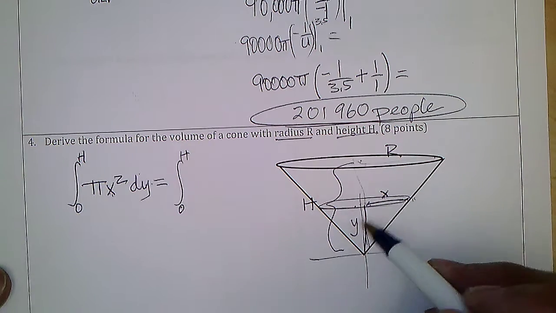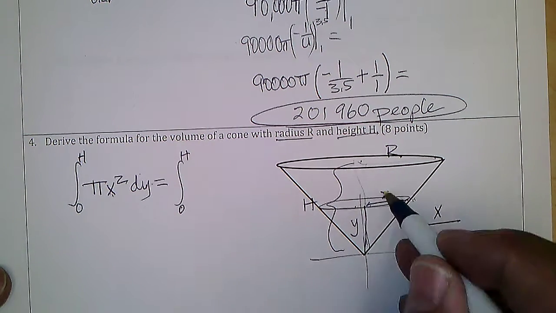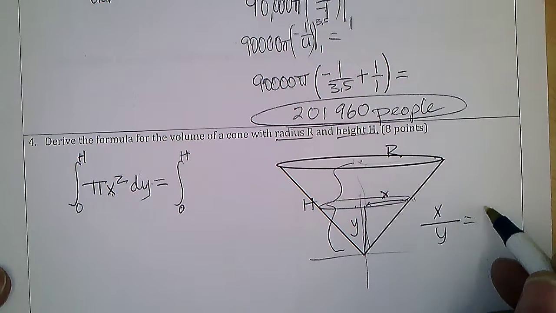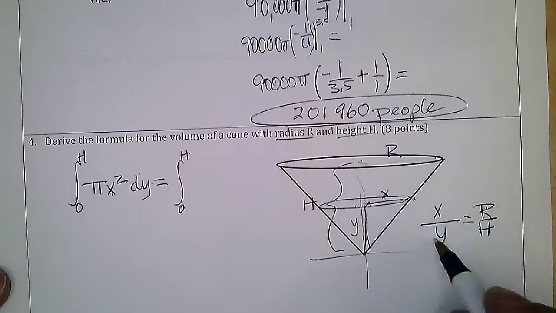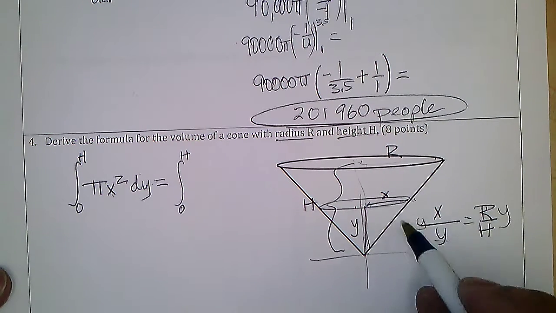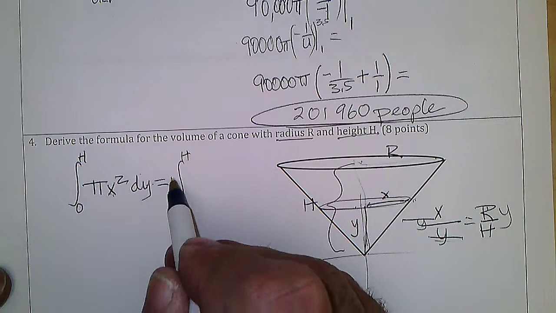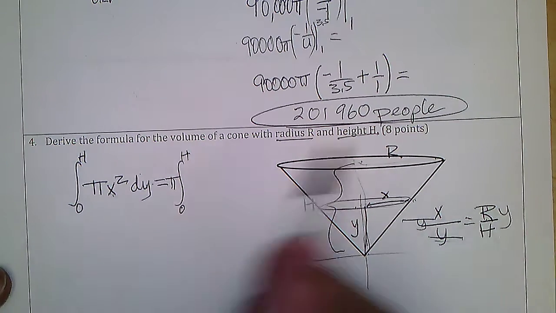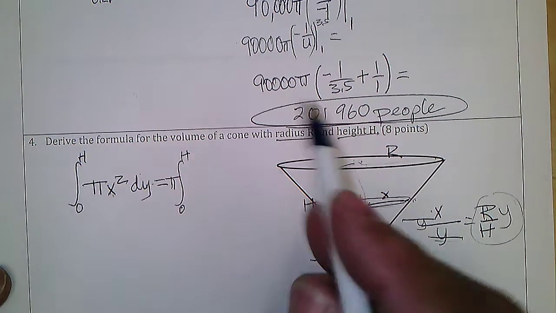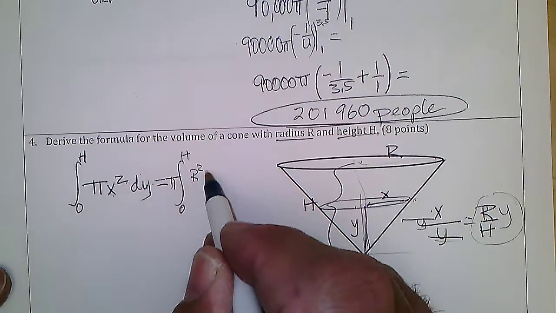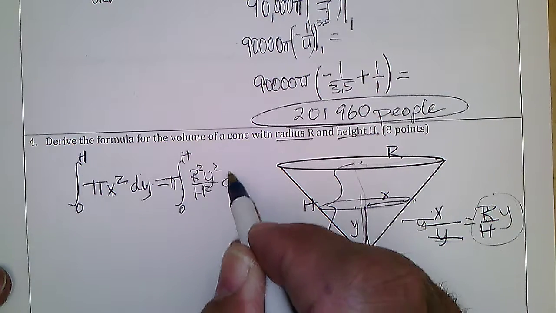We're trying to replace the x, so I'm starting with x. x is to y as r is to h. Multiply by y. And so I'm going to have a pi that's a constant, comes out. And I've got this for x that I got to square, so it's going to be r squared y squared over h squared dy.